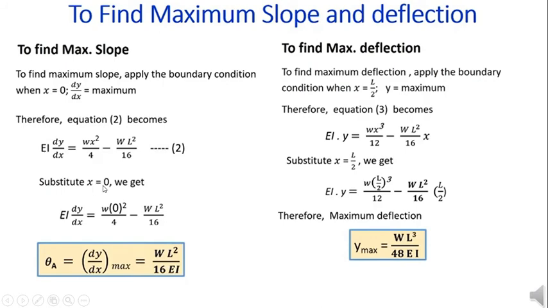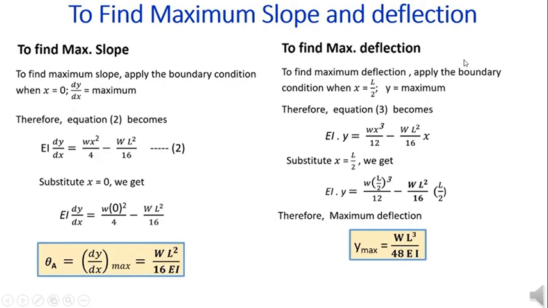Substituting x equal to 0, we get EI dy by dx, then W into 0 divided by 4, the whole term will be 0, minus WL square by 16. Then theta A, that is the angle at A, is equal to dy by dx maximum, equal to WL square divided by 16 EI. That is the formula for slope.